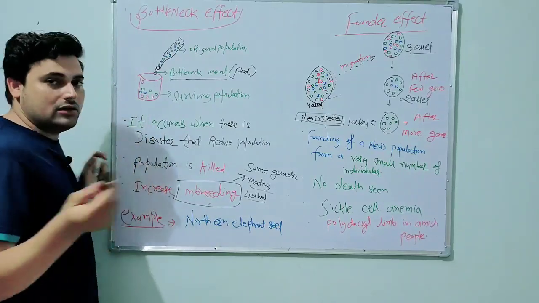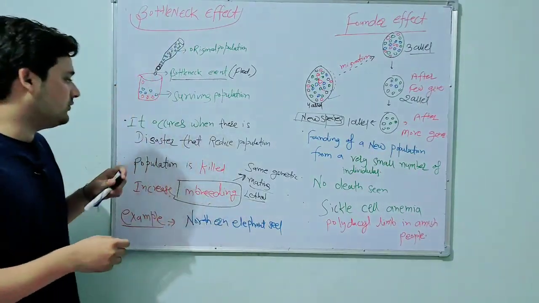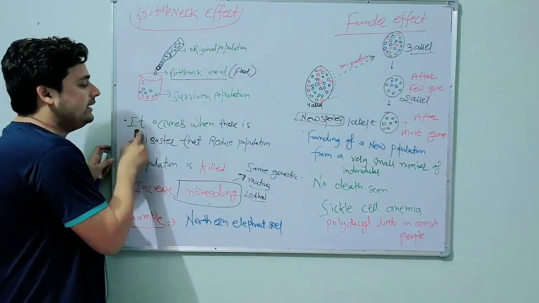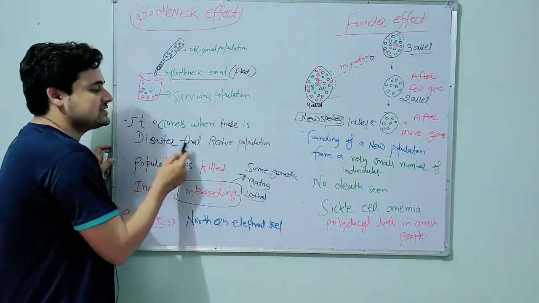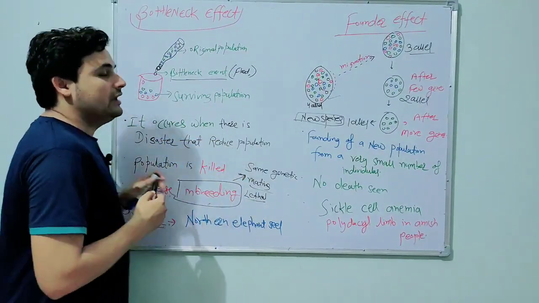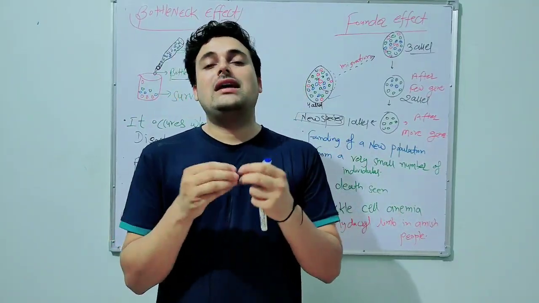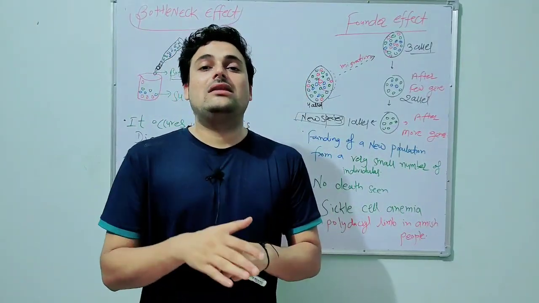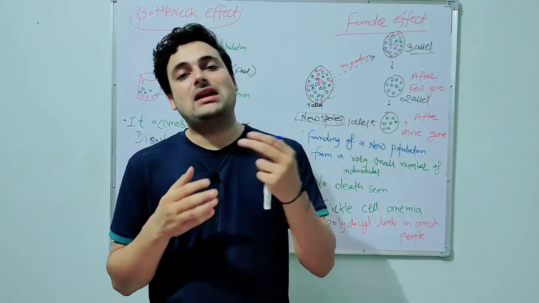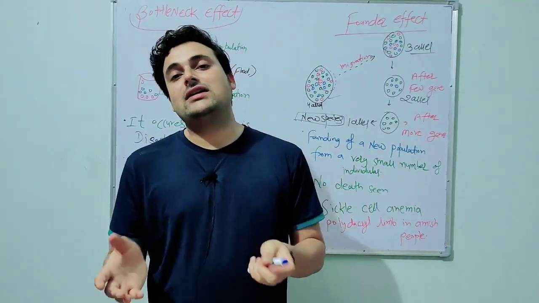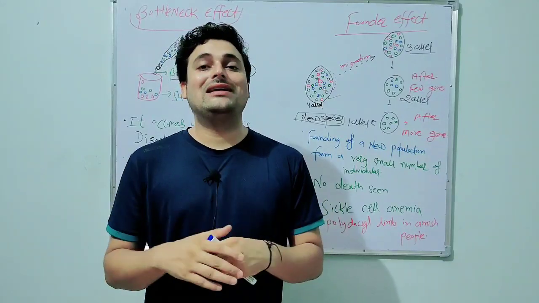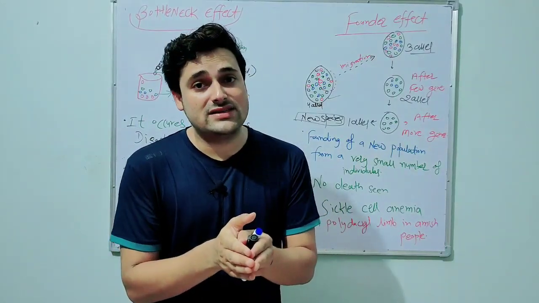What's the definition? It occurs when there is a disaster that reduces the population. If the original population faces any kind of disaster, there will be a loss of many individuals and it will create genetic drift, or the loss of genetic diversity.